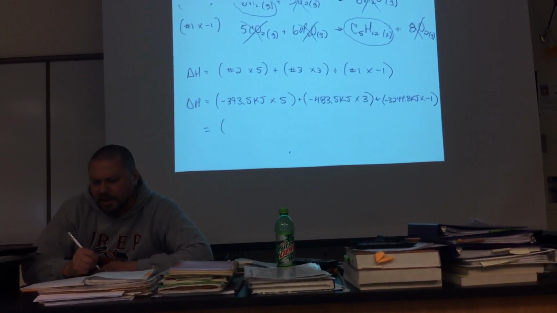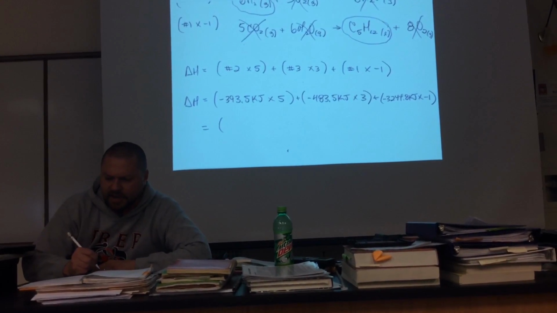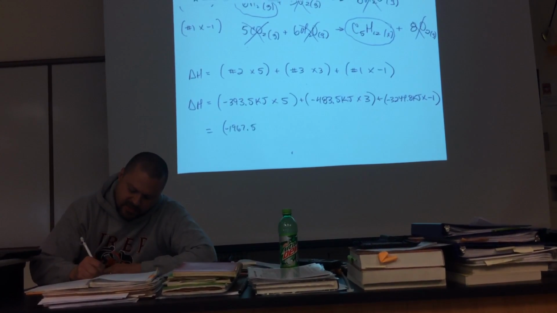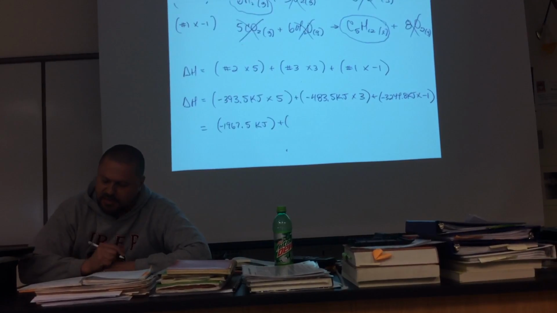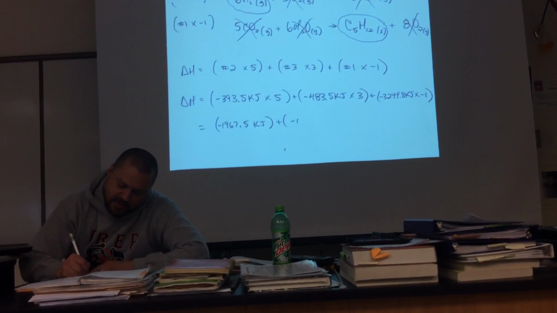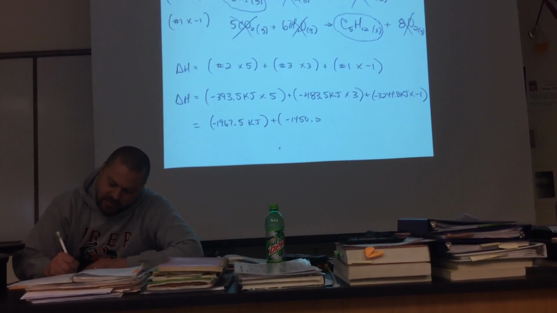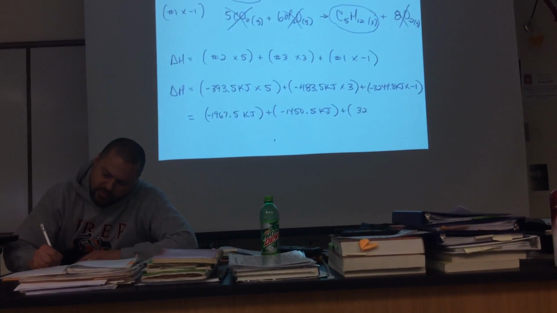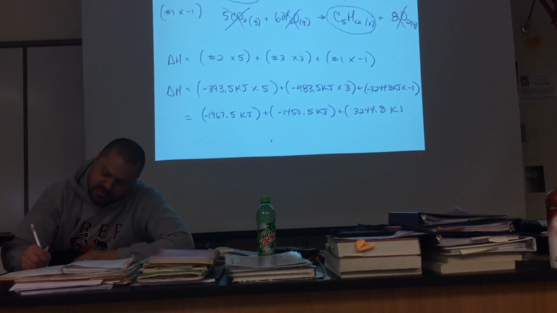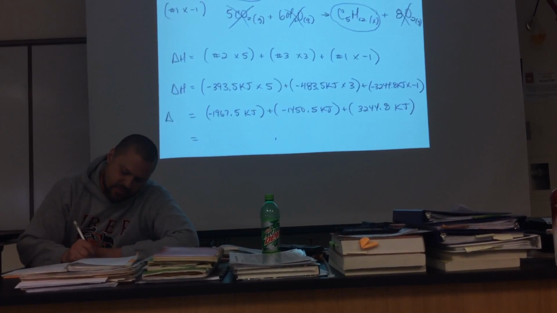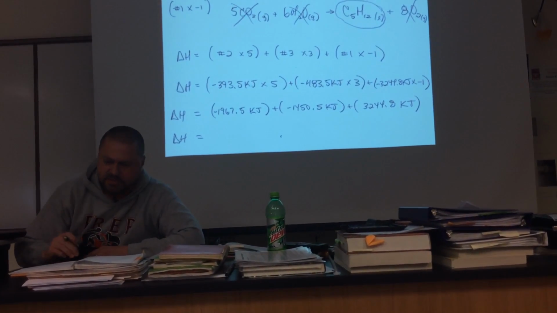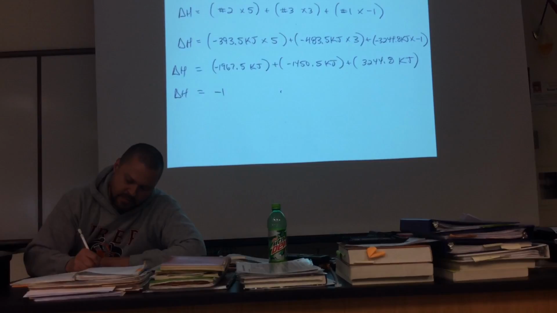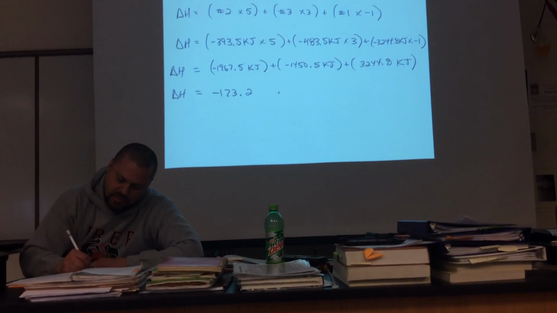I'm doing my 393.5, negative 1967.5 kilojoules, plus negative 1450.5 kilojoules, plus 3244.8 kilojoules, or delta H equals -173.2 kilojoules.